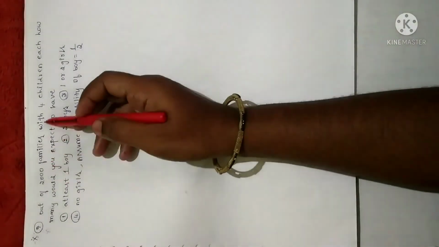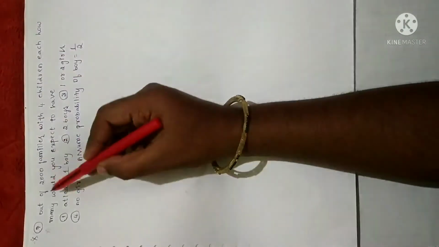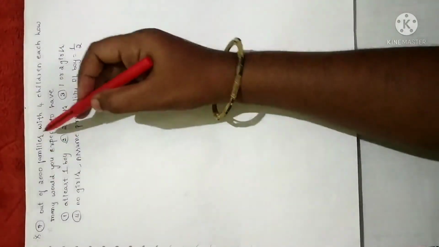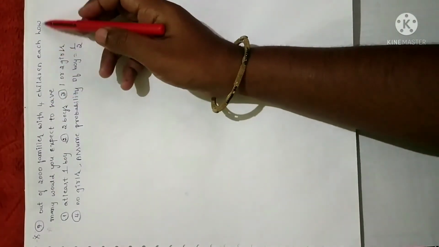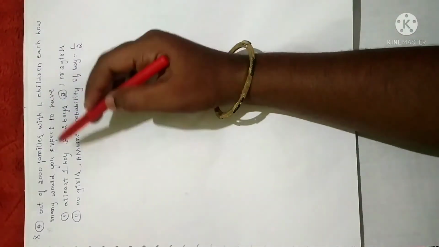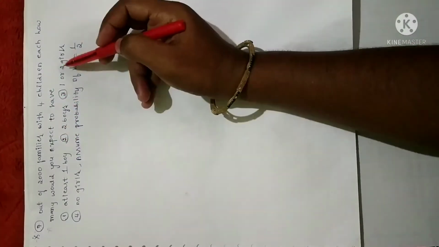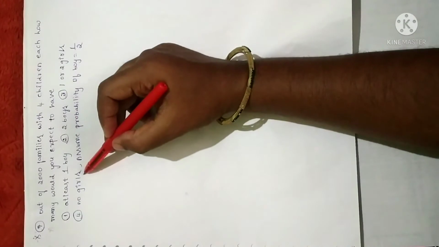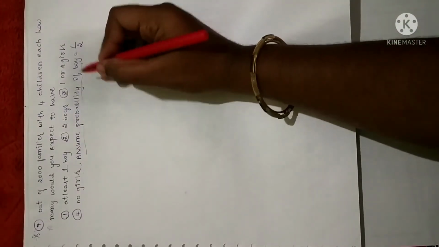Out of 2000 families with 4 children each, how many would you expect to have at least 1 boy, 2 boys, 1 or 2 girls, no girls? Assume that the probability of a boy is 1 by 2. Remember, in such kind of problem, since the probability of a boy is given, that will be the success event.